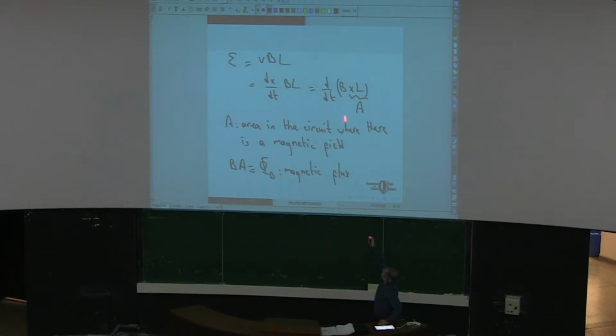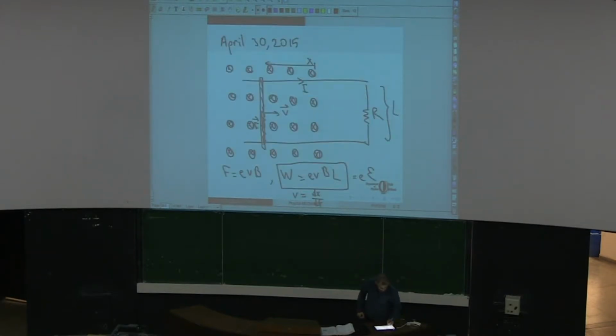So you see here what we have is B times x times L. Let's go back to our figure. This is x. Look at here. This is x, this side. Height is L. So in this region, we have a magnetic field. We don't have any magnetic field over here.